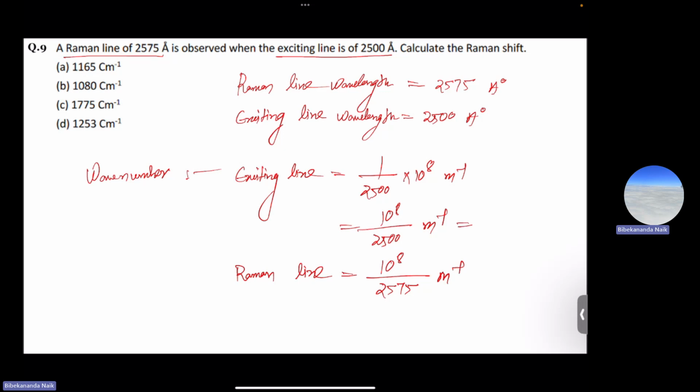So what will be the shift? So this is E, this is R. So what will be the Raman shift?